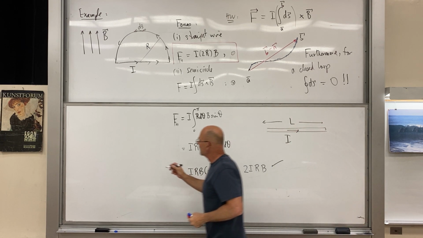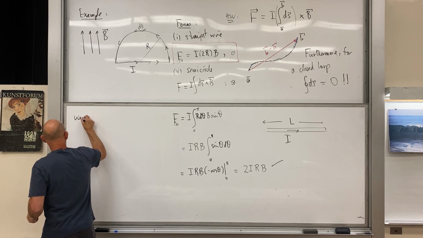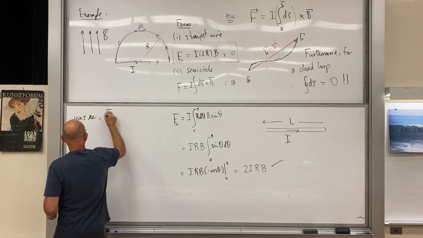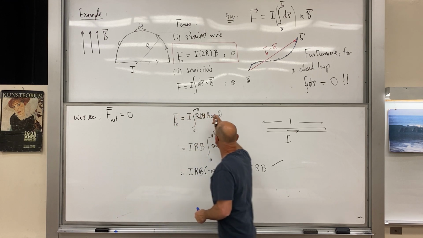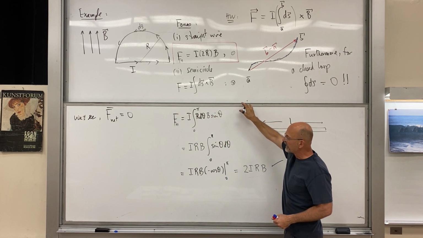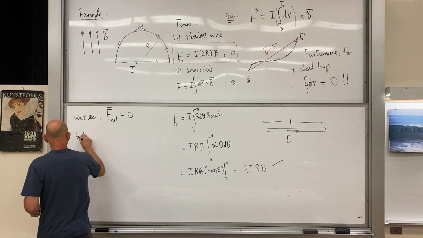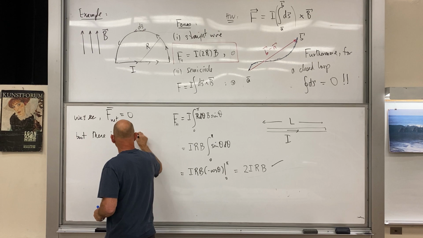So we see F net equals 0. Those are two vector contributions in different directions. They cancel each other. But there is a torque.